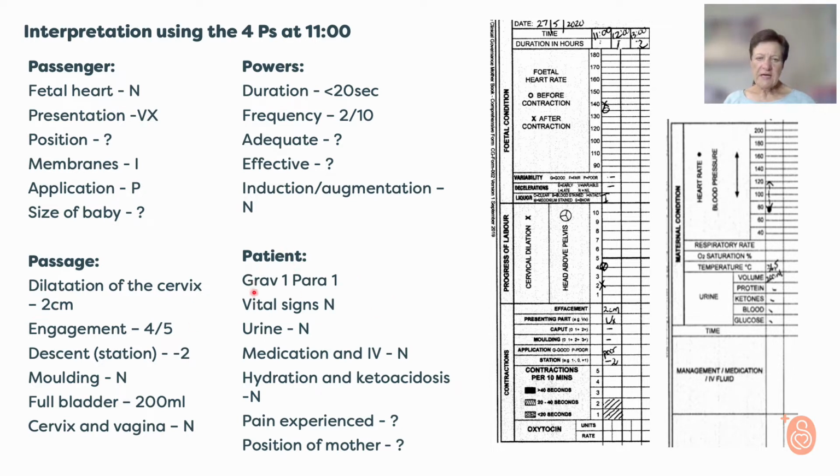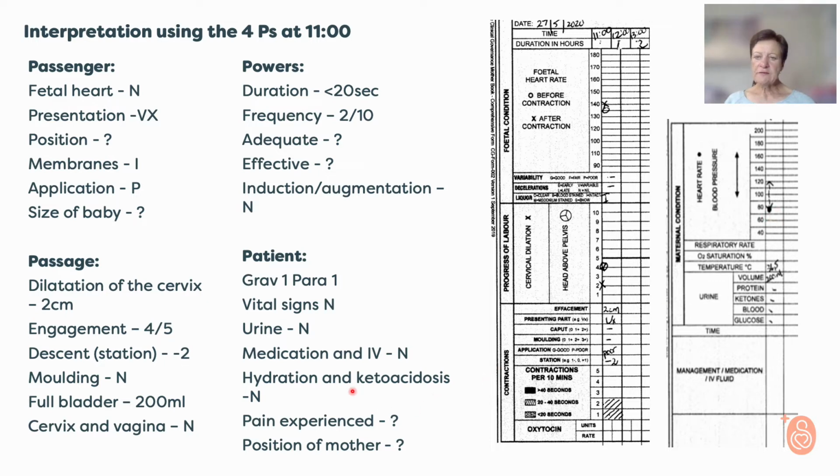Now we see here that the patient is a gravida 1 para 1, and as I've said, we know that there should be more engagement in the case of a primigravida. Vital signs are all normal, so we don't need to worry about that. The urine is all normal. There's no abnormalities in that. Hydration and ketosis seem to be normal because there are no ketones there.